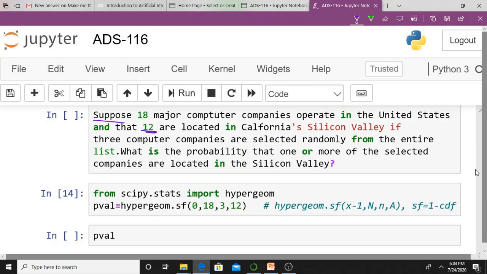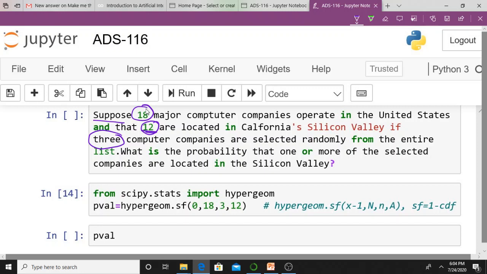Totally, there are 18 major computer companies, of which 12 are located in California's Silicon Valley. 3 computer companies are selected randomly from the entire list.